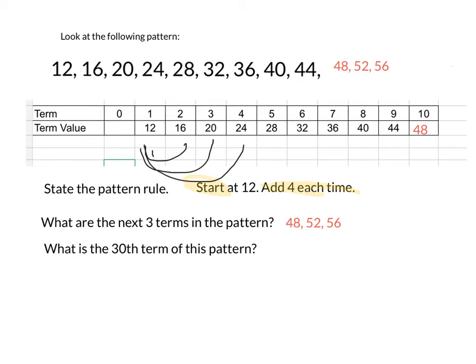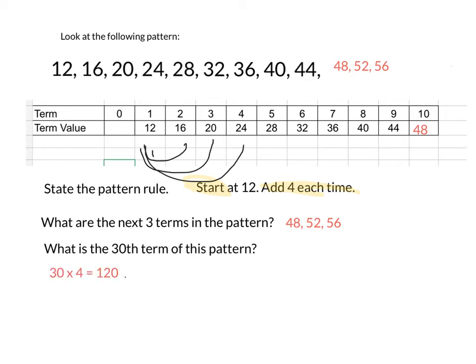So what I've shown students to do is you take the 30th term, because that's what we're trying to find, and you're going to multiply 30 by 4. You're going to take whatever term you're being asked for, and multiply that number by the amount that it's going up by. As long as the pattern is going up by the same amount each time, we can multiply.